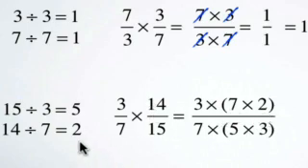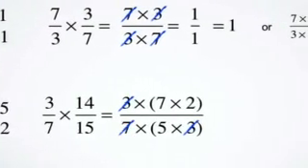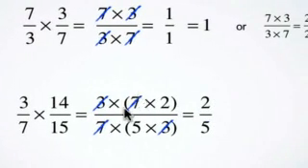Instead of writing 15, I'm going to write 5 times 3, because now by doing that, 3 on top, 3 on the bottom, equals 1. 7 on top, 7 on the bottom, equals 1. 1 times 2 is 2. 1 times 5 times 1 is 5. So the answer is 2/5.